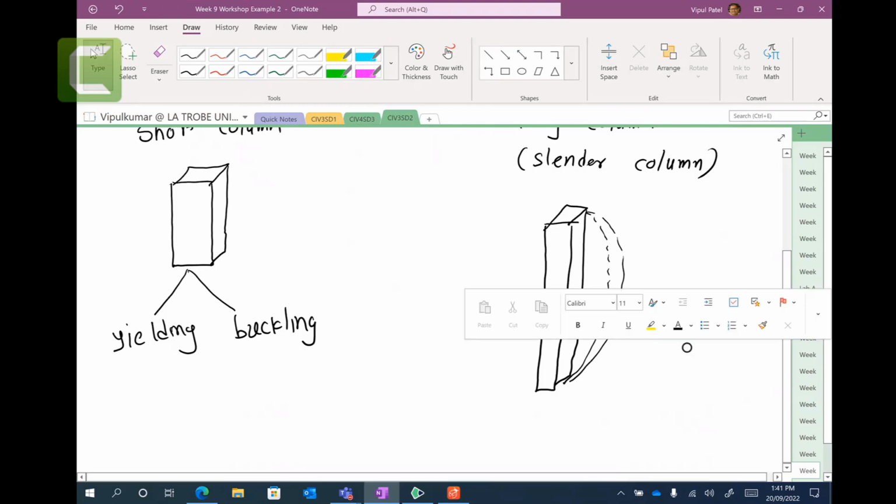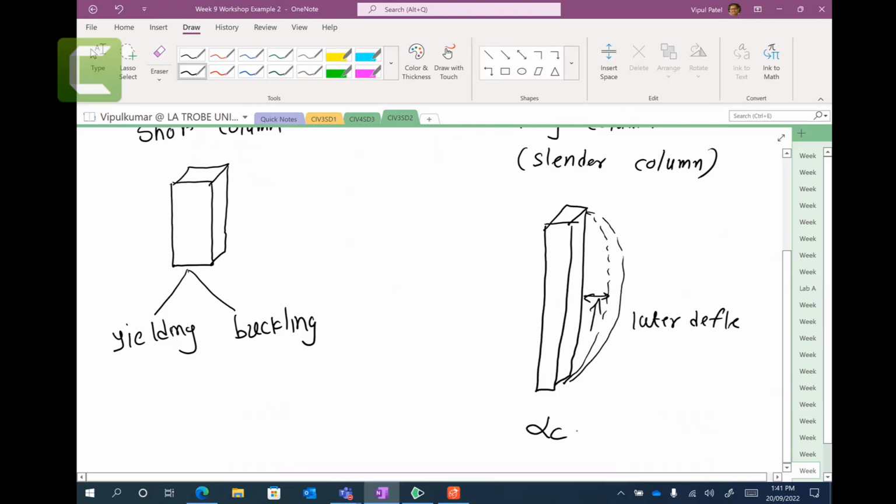Because of this, a factor called the slenderness reduction factor comes into play, because it's an instability. The longer the column goes, the capacity reduces. If you make a very long column, the penalty from the standards goes very high. The longer the column you make, the larger the penalty you receive.